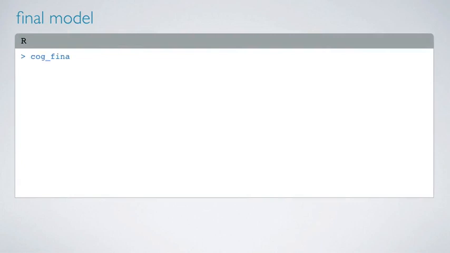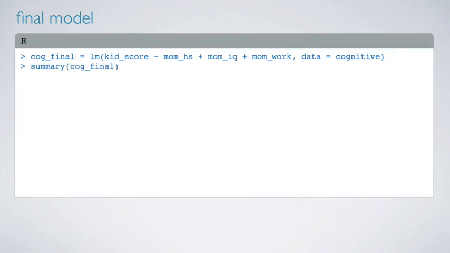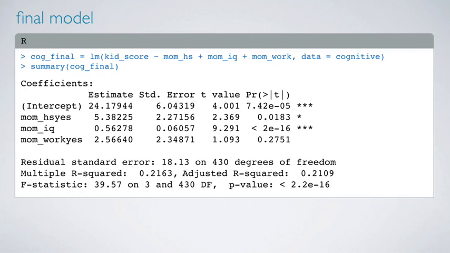So to wrap things up, let's finally fit our final model. Remember, we had selected the variables mom's high school status, mom's IQ, and mom's work. And if we take a look at the summary output, we can see that the variables mom's high school status and mom's IQ are statistically significant at the 5% level, and mom's work status is not.